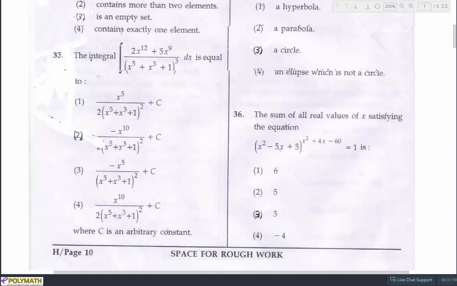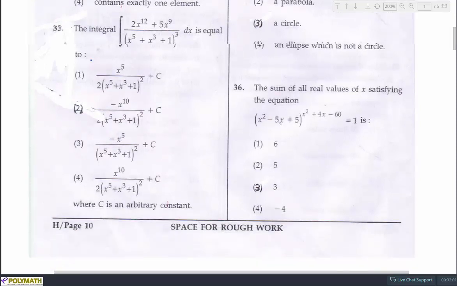Let's move on to the next one, where you are given an integral. Question number 33 there.